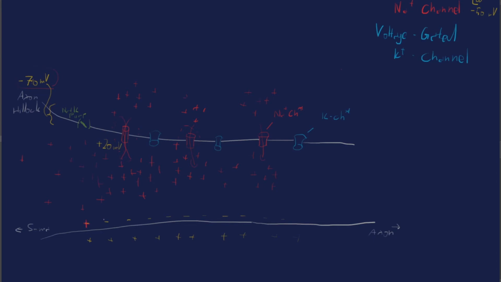So instead, you got positive voltage on the inside and negative on the outside, because all of the sodium ions are entering the cell. Okay, and this is good for relaying the information, but there's a problem. This state is not the resting state. So yes, the information is going the right way and reaching the end of the axon.